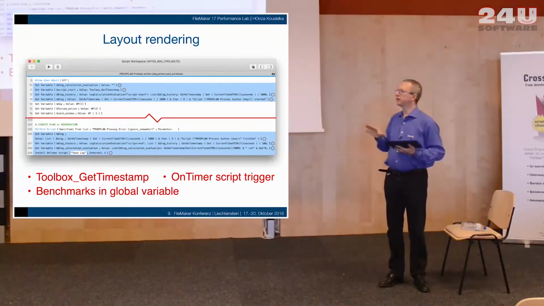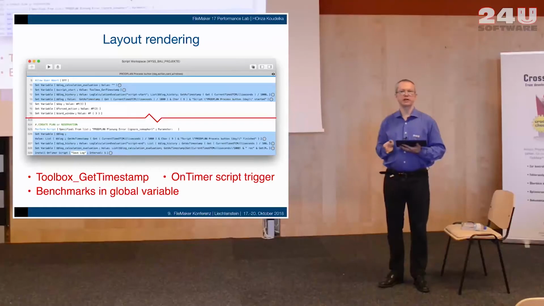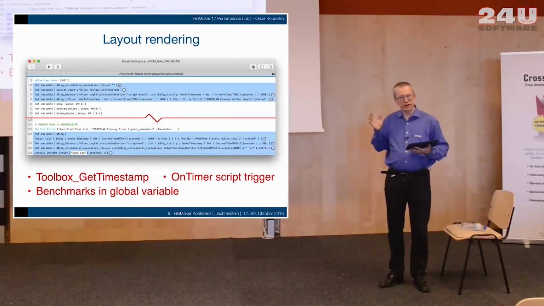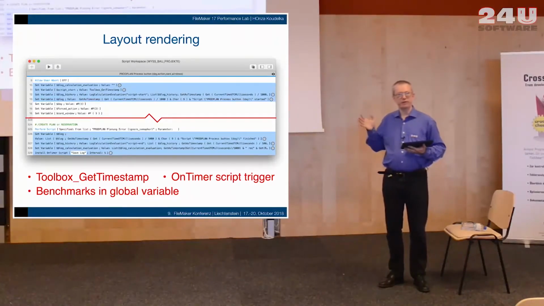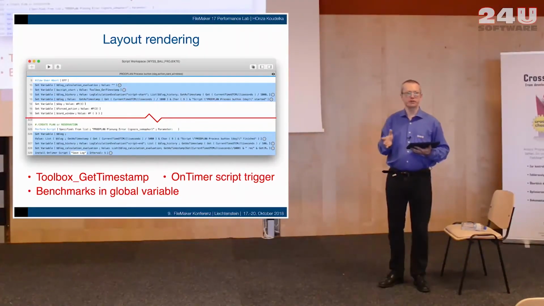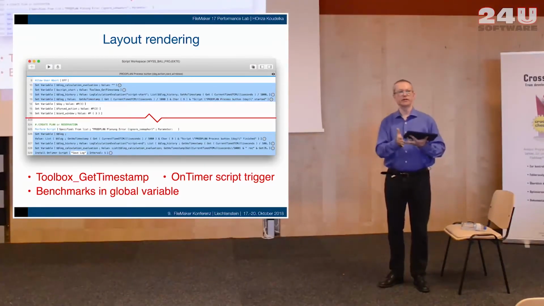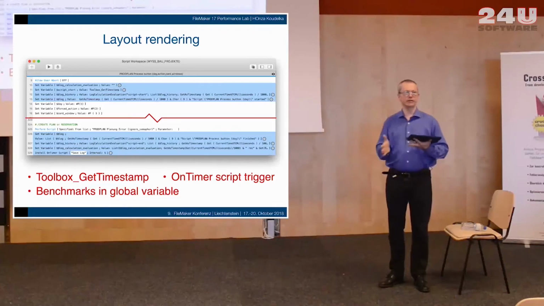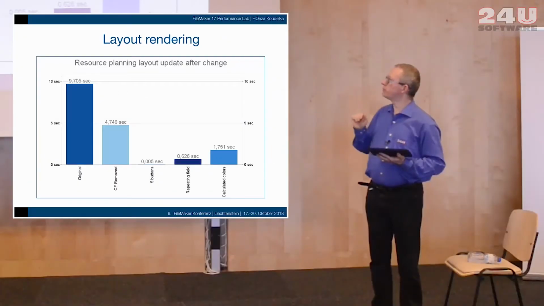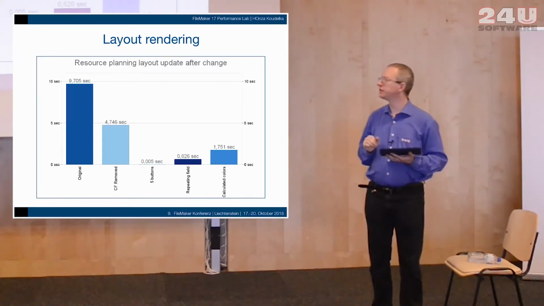And the point is that the on-timer script trigger only runs in idle time. So by scheduling the script trigger to run as soon as possible, we were able to measure how long from the end of our script it takes FileMaker to actually render everything, calculate everything on the layout, and finish its work. So when we removed the conditional formattings, we saved about half of the time.